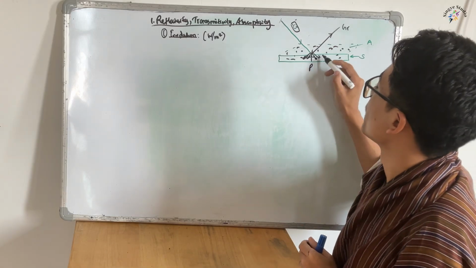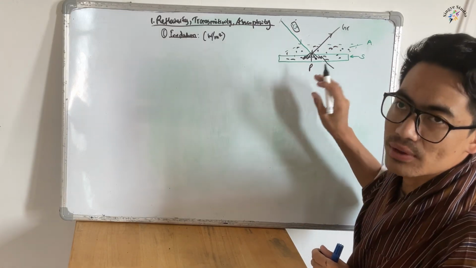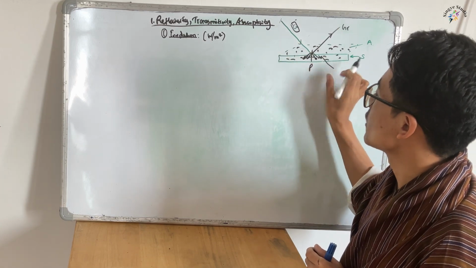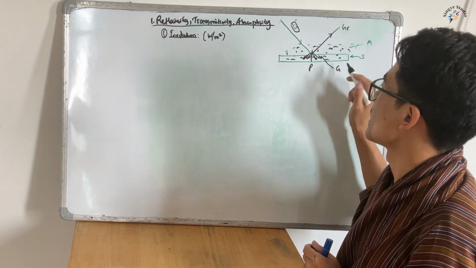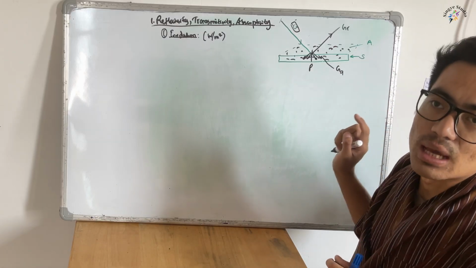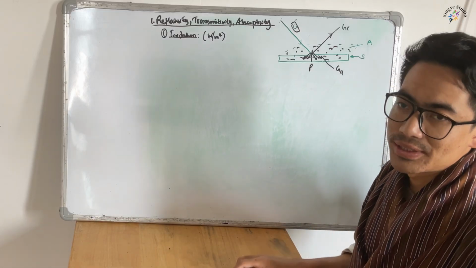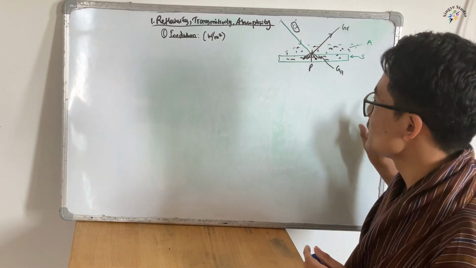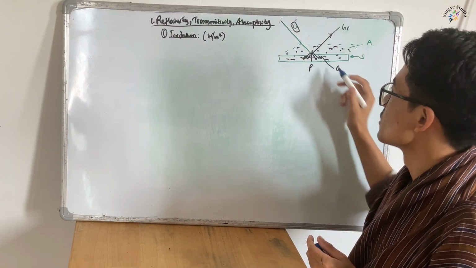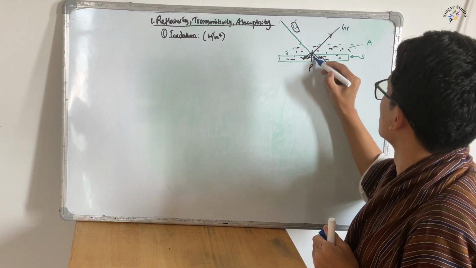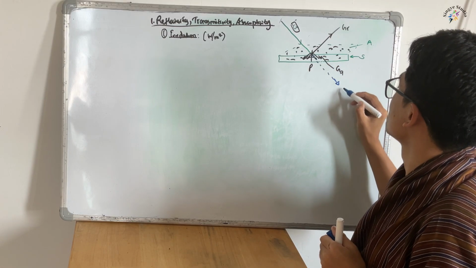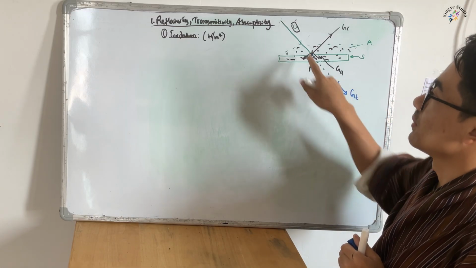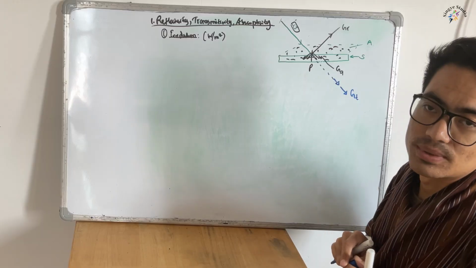This fraction of the irradiation G which is absorbed in this solid, you can say is GA, the absorption. Then some part of the radiation can be transmitted, which means it can penetrate and just go away, like this. So GT is the portion of irradiance which is transmitted.